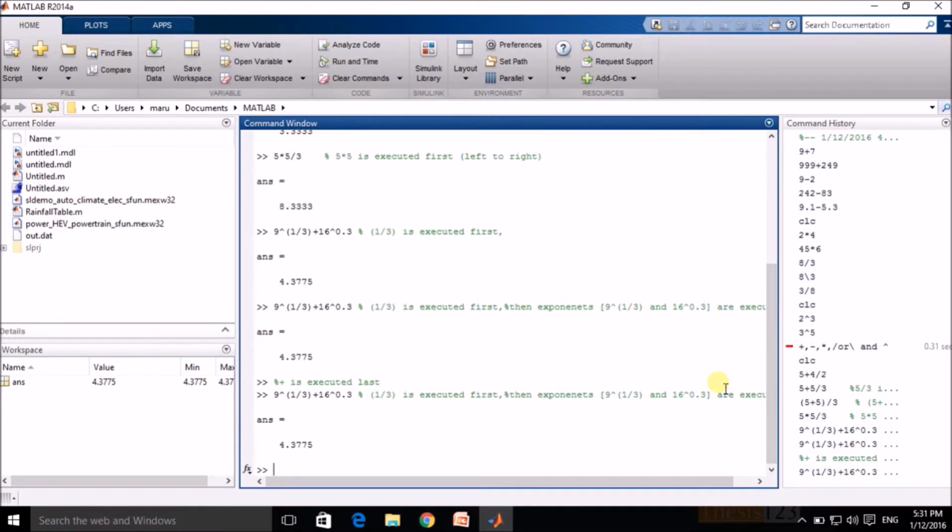This is the way of execution of mathematical expressions at the command prompt using order of precedence. I will show you one more example.